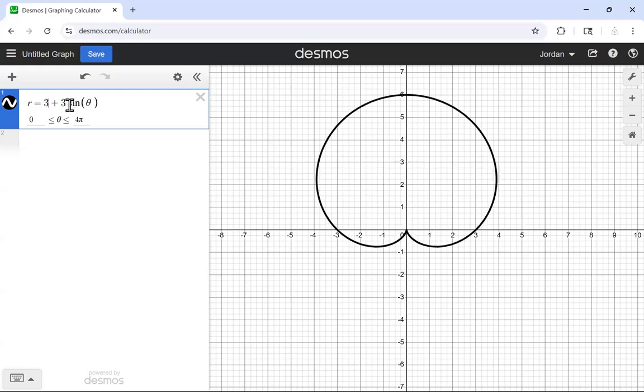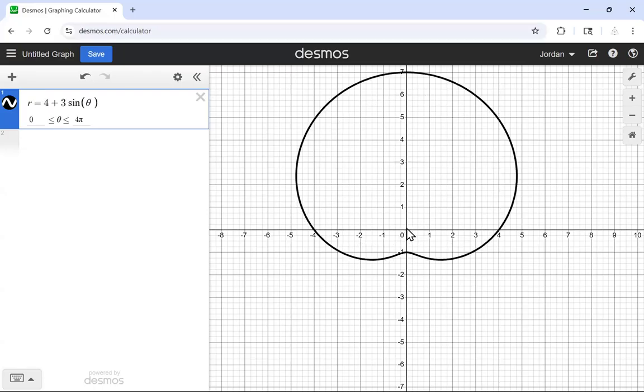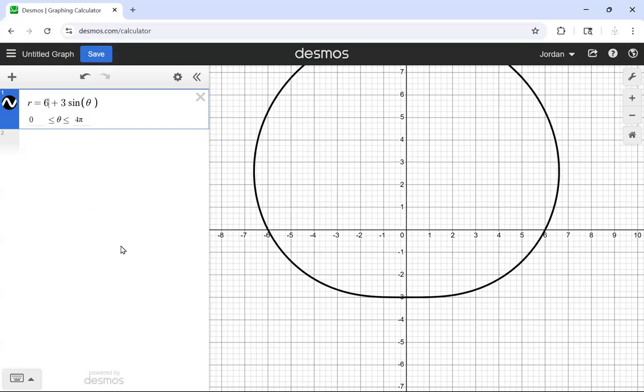If they're equal, then it's going to go touch the origin or the pole. If the constant is bigger than the coefficient on sine, then we're either going to get this dimple shape or it's going to be a smooth shape, depending on the ratio between that constant and the coefficient on sine.